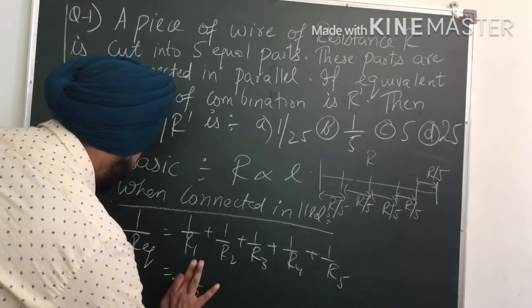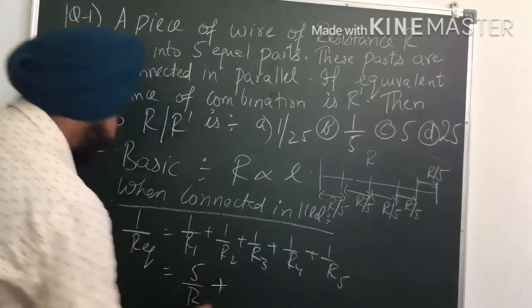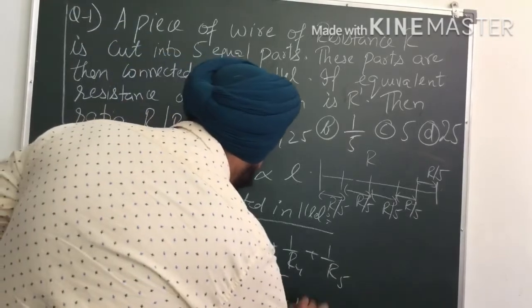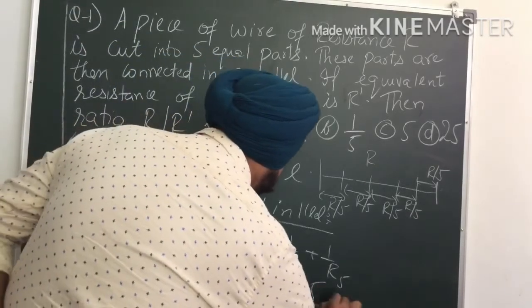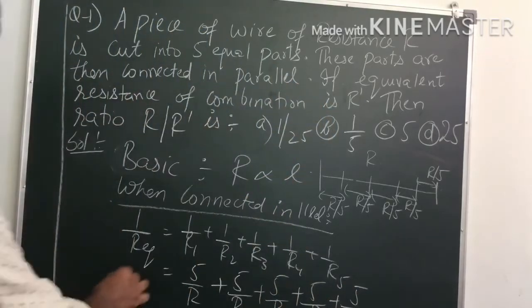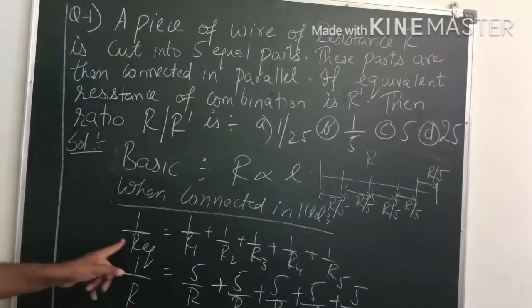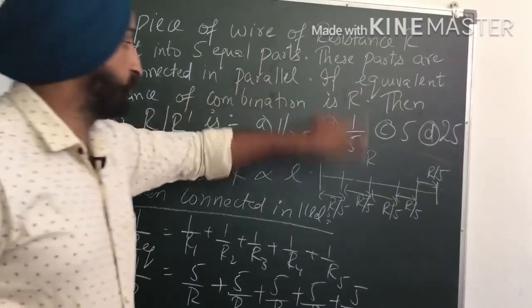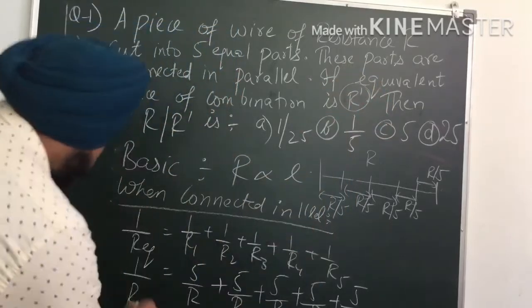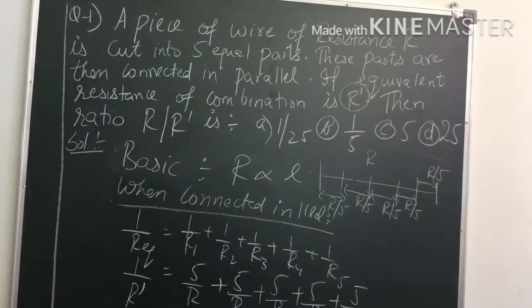So I will write 5 by R over here, again 5 by R, again 5 by R, and so on. So this will be our value of equivalent resistance, and in the question it is given that the equivalent resistance is equal to R dash. So I would be writing R dash over here.